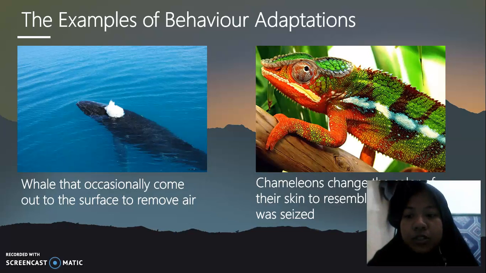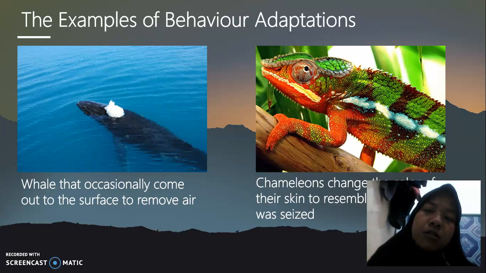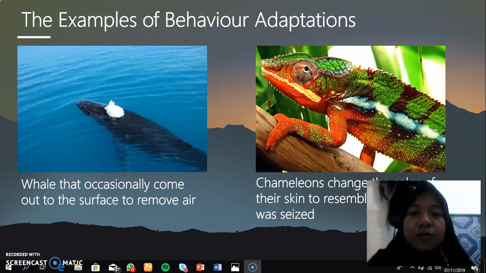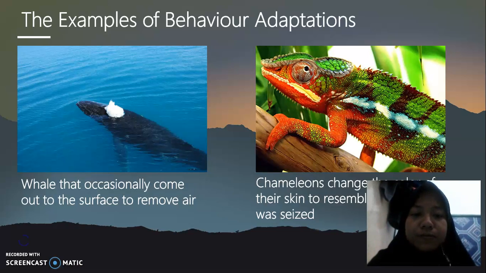The first picture is about a whale that occasionally comes out to the surface to remove air, so the whale comes up to the air to breathe. And the second picture is that chameleons change the color of their skin to resemble the place where they are.